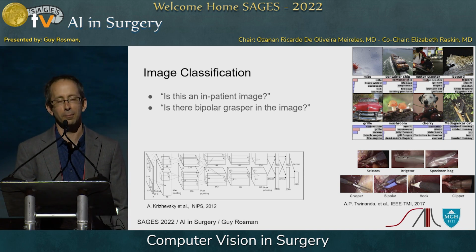When people hear computer vision, they often think about image classification, image in, and a categorical answer out, such as, is this an inpatient image? Is there a bipolar grasper in this image? Usually people think of day-to-day examples, such as, is there a dog, is there a cat, and so forth.